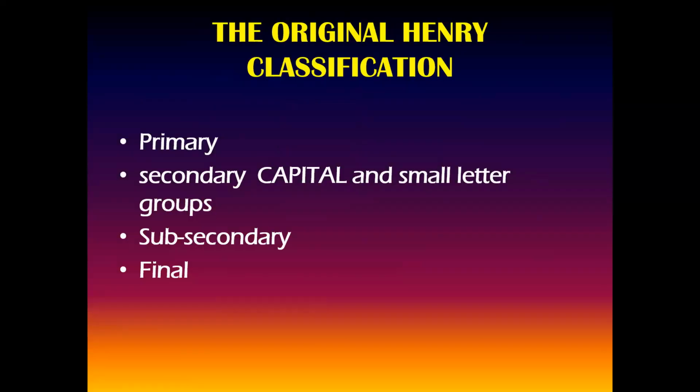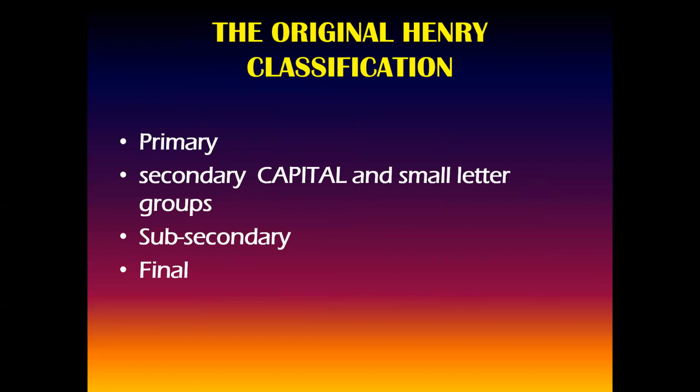Under the original Henry system, as I have made mention, there are only 4 divisions: the primary, the secondary, the subsecondary, and the final. So the FBI added 2. We have there the major and the K classification.